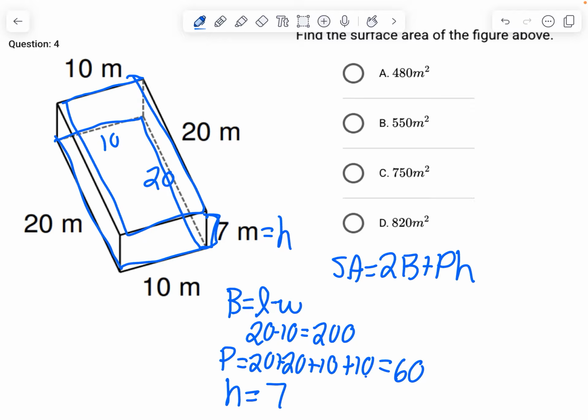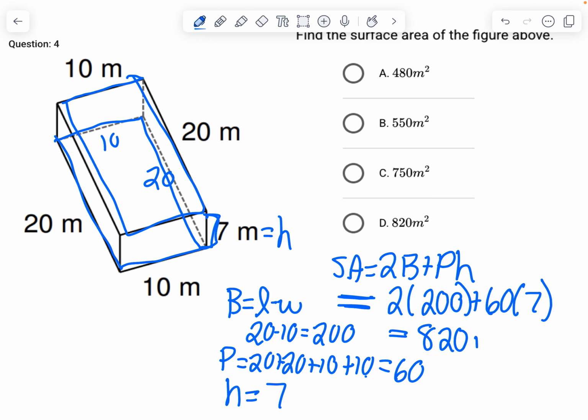So let's plug in all those numbers into the formula. The 2 times the area of the base, which was 200. The perimeter was 60, and our height was 7. So all we gotta do, plug this exactly into the calculator, and we should get 820 meters squared, which is D.